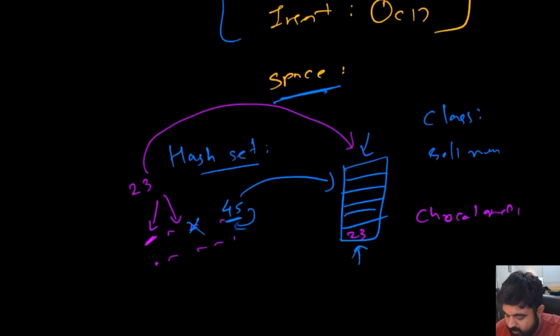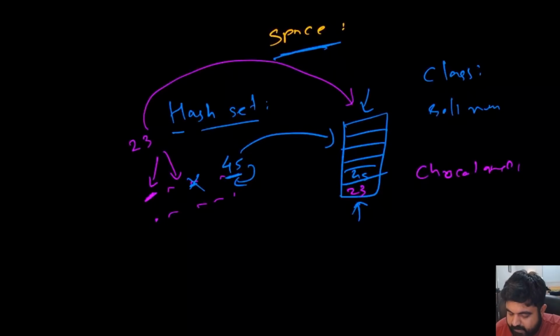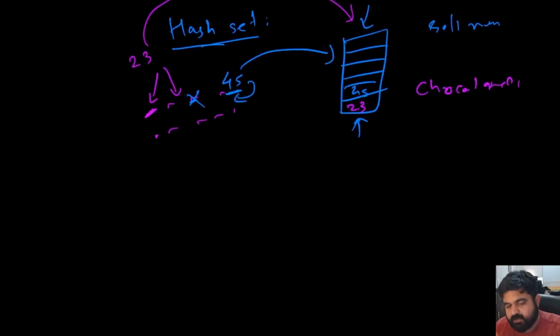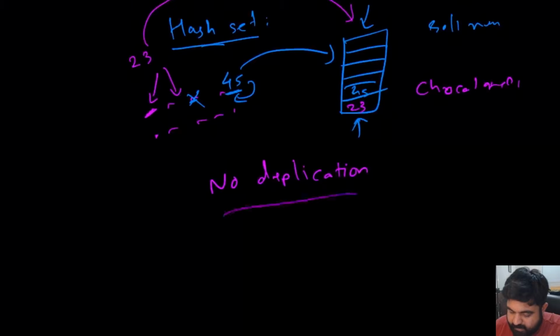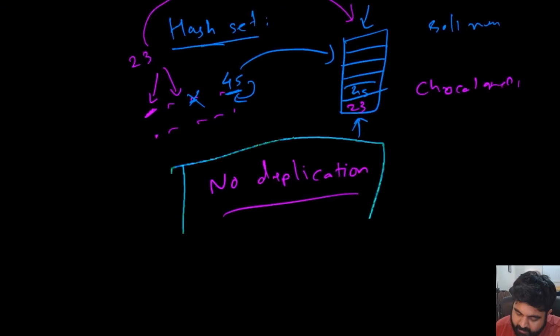So I would give him a chocolate, and then I would add the value 45 over here, and that way I can use a hash set to take care of unique entities. That is also a benefit of the hashing function, and also a limitation, that there cannot be any duplication. So whenever you have to deal with duplicated entries, you cannot use a hash map or hash set, but apart from that you can use them in a whole bunch of different places.